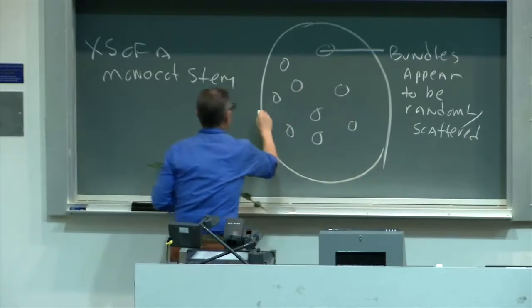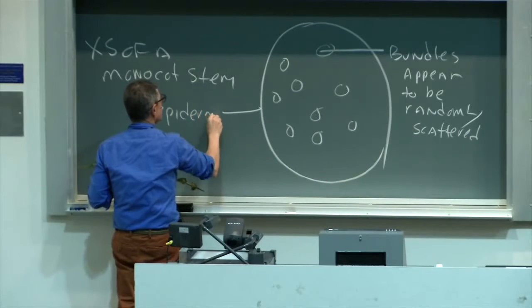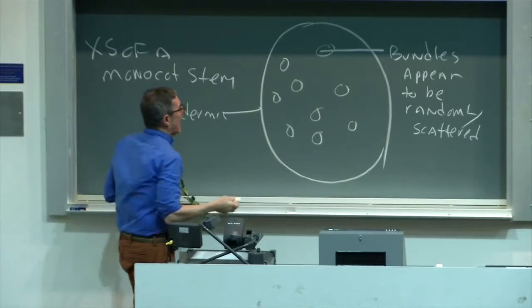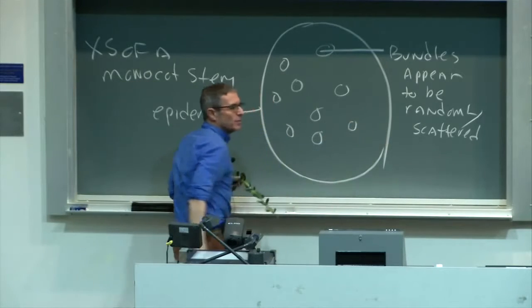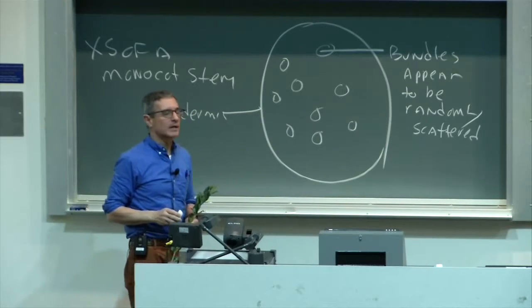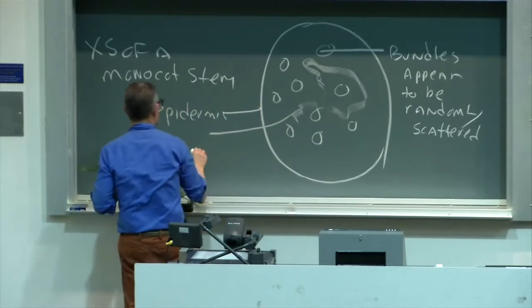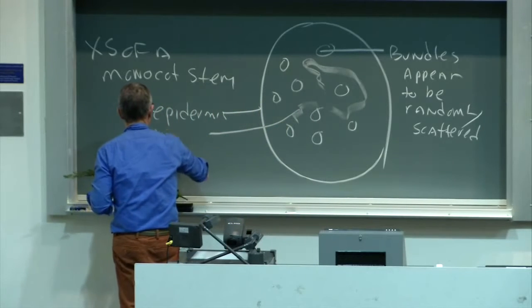We also have an epidermis, just like you saw before. This is the shoot system of a monocot stem. And we're unable to distinguish a cortex and a pith because the bundles are so randomly scattered. And so this tissue in the center and all over around the bundles is just called ground tissue.